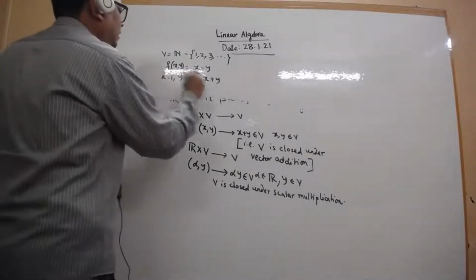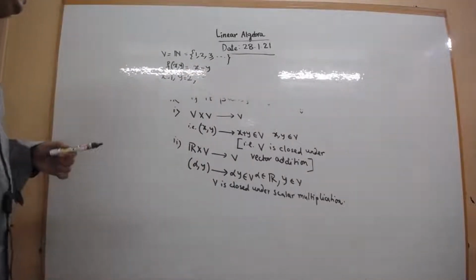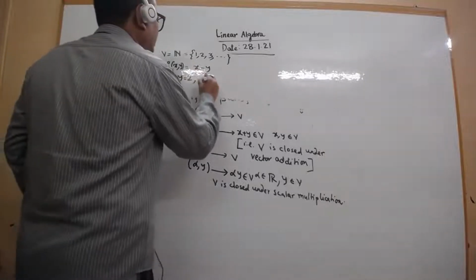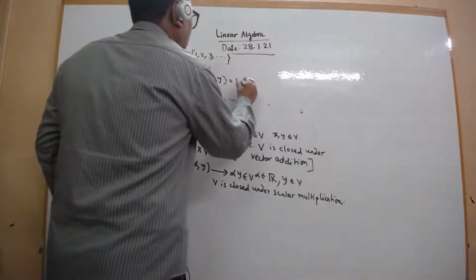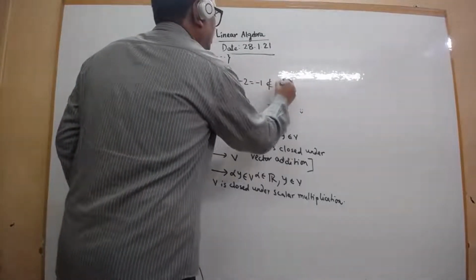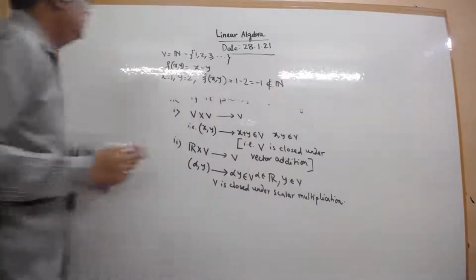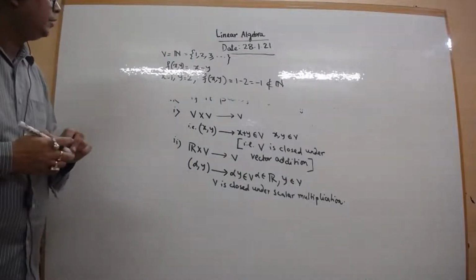Then you see that f(1, 2) is minus 1. This does not belong to the set. Hence, this is not closed under addition.